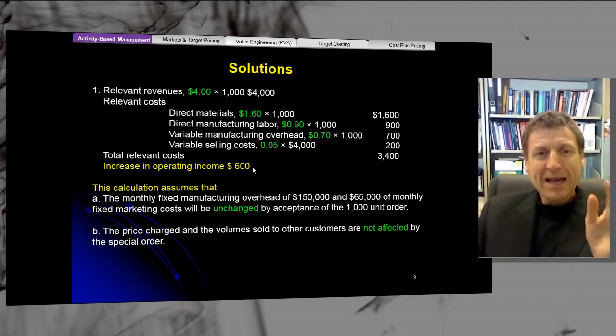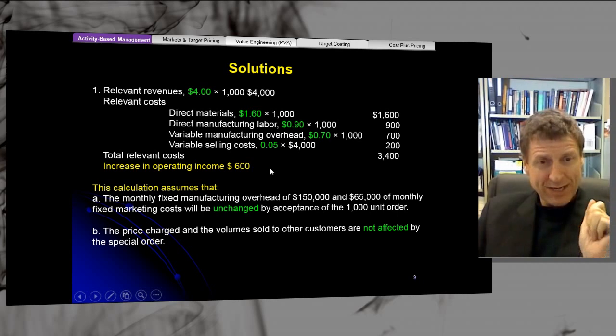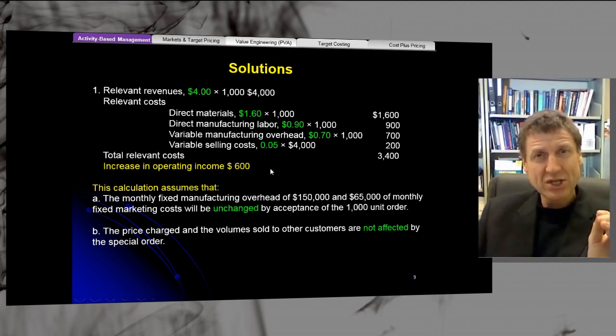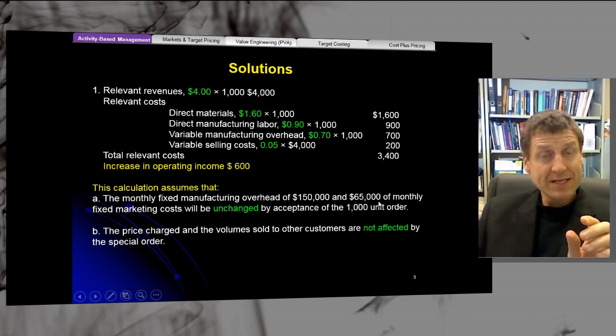Okay, now let's be careful here because the calculation assumes that the fixed manufacturing overhead will not change. Remember, we didn't include that in the calculation. And the $65,000 of monthly marketing costs remains unchanged by accepting the 1,000 unit order. One more point, that the price charged and the volume sold to other customers are not affected by a special order.